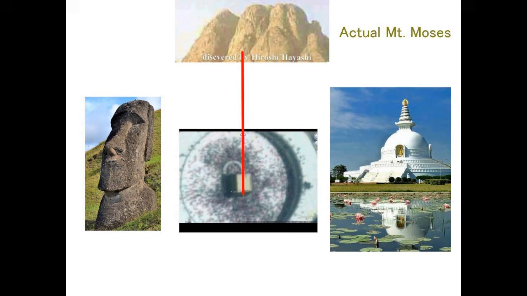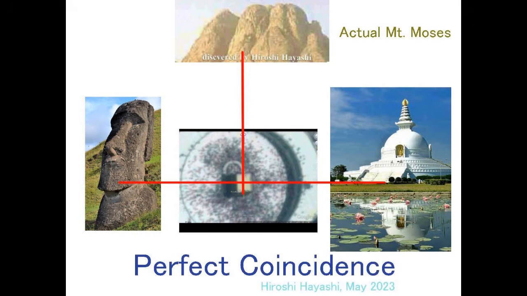In other words, he painted this picture as if he had known nothing about these facts, and he pretended they were mere coincidences. I, Hiroshi Hayashi, then call this coincidence the perfect coincidence.